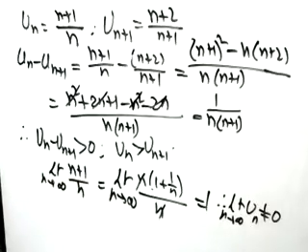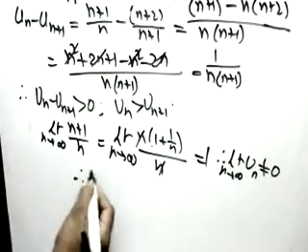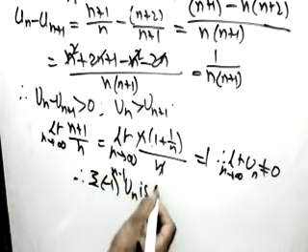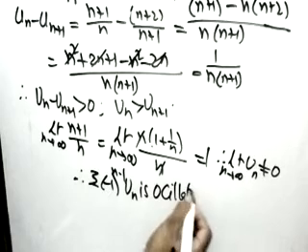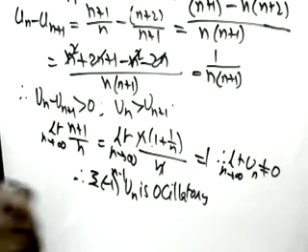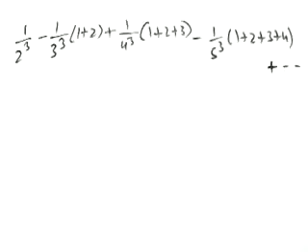First condition is satisfied, but for the second condition, the limit value is not 0. Therefore we say that the series is oscillatory. Therefore sigma (minus 1) power (n minus 1) u_n is oscillatory by Leibniz test.